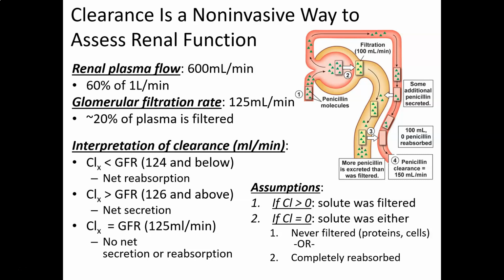Okay. So how would I know that? Well, we've done some of this stuff before, got some normal values, so it wouldn't be too difficult to figure out. Okay. So how much protein should be in the urine? Well, we said earlier today that there should be none, so that's going to be 0.